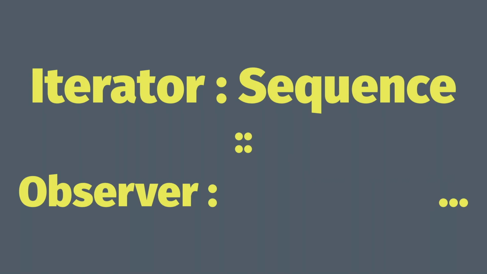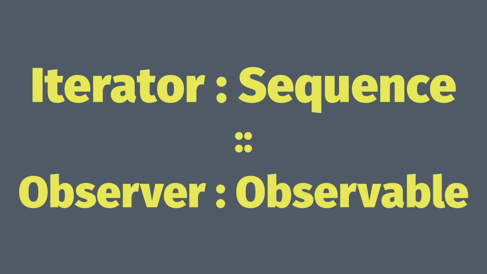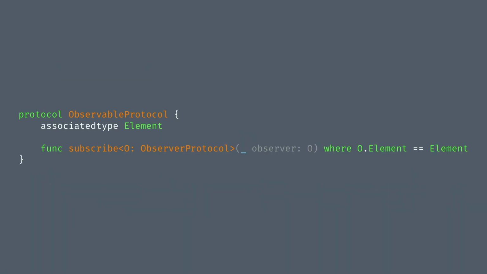So, our library has an iterator and a sequence. We have an observer. So what's the fourth one? It has to be the equivalent, but inverse API of the sequence. And this is called an observable. An observable is something you can observe. It will be a sequence of synchronous or asynchronous data. And that protocol looks something like this.